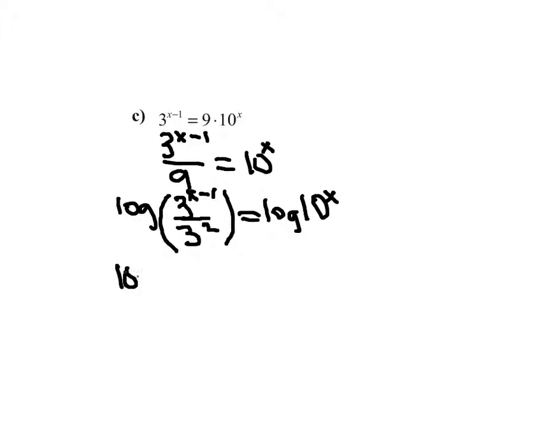Since we have the same base here and here, when we're dividing, we can just subtract exponents. So x minus 1 minus 2 is the same thing as saying x minus 3.